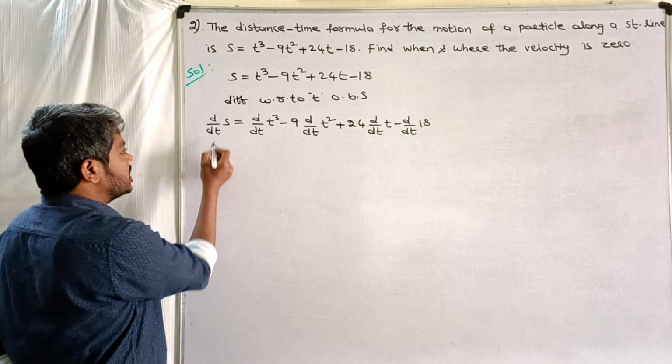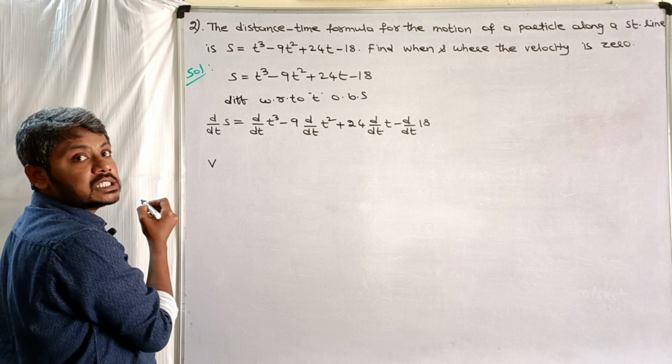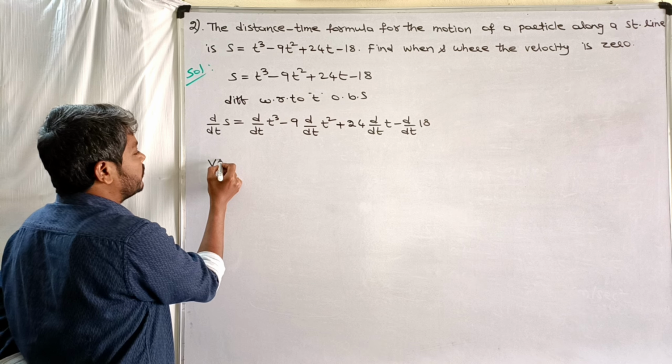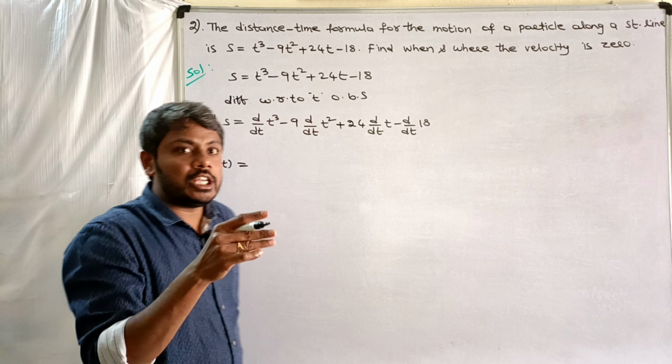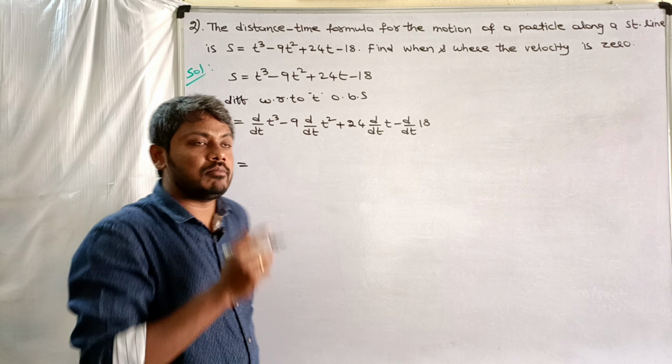Now ds by dt is called velocity, v of t, or simply v. You know the derivative of t power n is n into t power n minus 1.